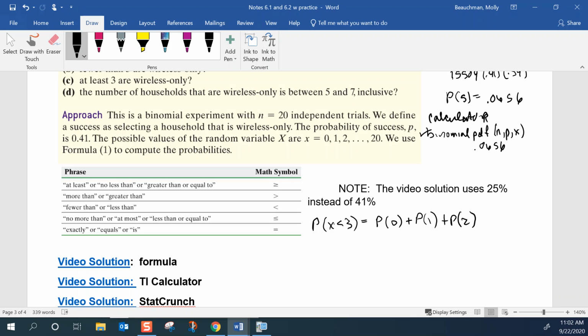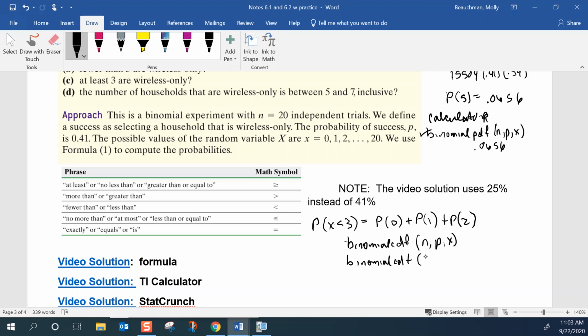There's a function on our calculator that will give you the sum of 0, 1, 2, or up to what you put in, and that's called the binomial CDF. CDF means cumulative, binomial cumulative distribution. So I'm going to put in binomial CDF.